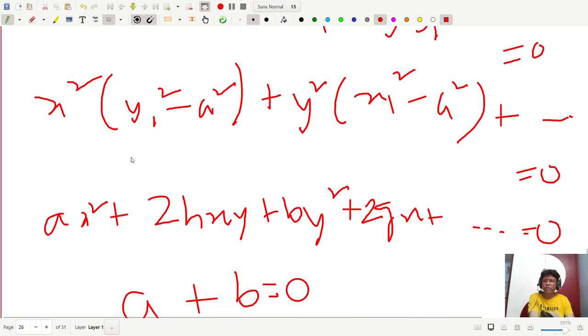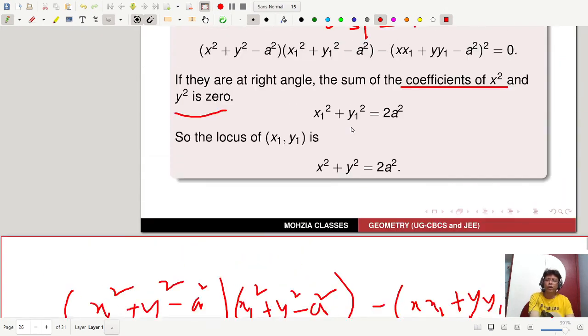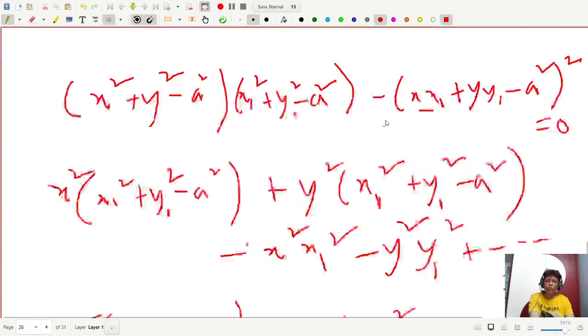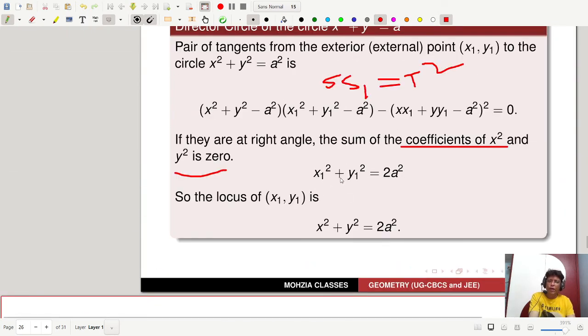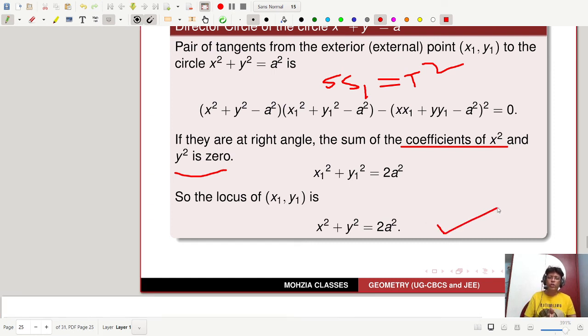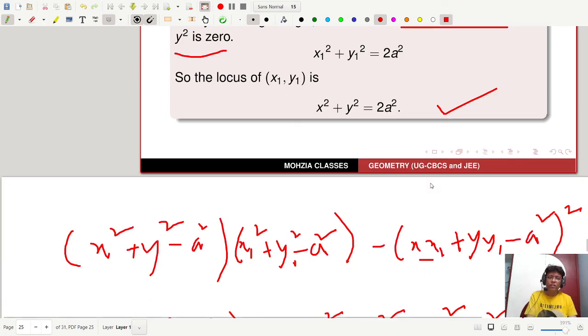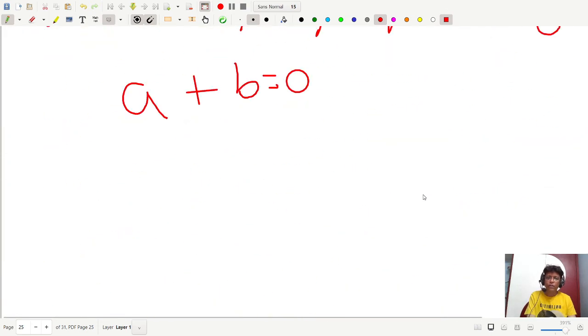So taking the coefficients of x squared and y squared, you will get x1 squared plus y1 squared minus 2a squared equal to 0. Hence the locus of (x1, y1) is x squared plus y squared equal to 2a squared. This is called the director circle, the locus of the perpendicular tangents. This is for the circle. You can get the same for the parabola also.